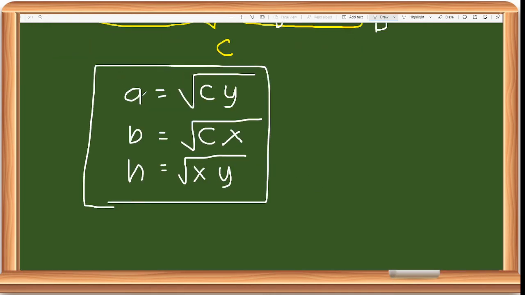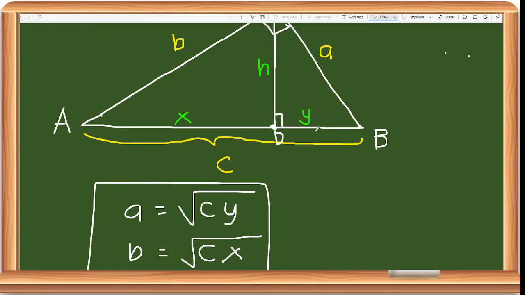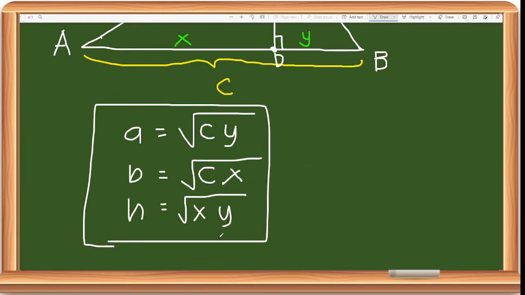Now, in getting for A, all you have to do is get the square root of C times Y. So yung C, multiply mo lang dito para makuha mo tong A. Para makuha naman yung B, kunin mo yung product ng C at saka X, kunin mo yung square root. Ngayon, pagka H naman ang hinahanap, kunin mo yung square root ng product ng X at saka Y.